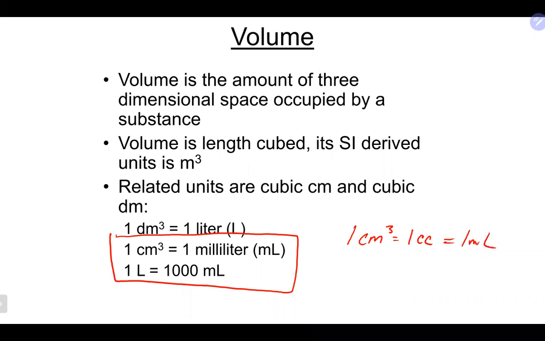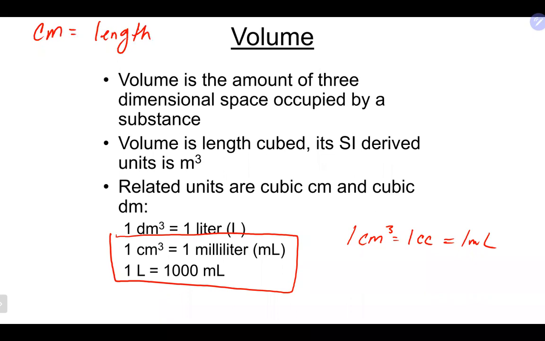So it is important, as I talked about before, to recognize what these units represent. When we look at a measurement like a centimeter by itself, that is definitely a measurement of length.